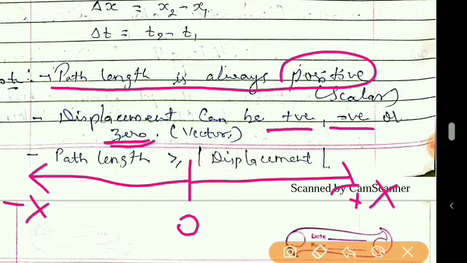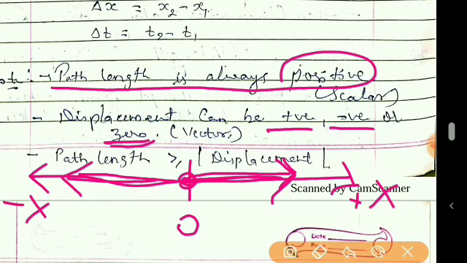So if any object is moving in this direction, that is along the positive x direction, then displacement is positive in this case. If the object is moving along the negative x direction, then its displacement is considered negative.